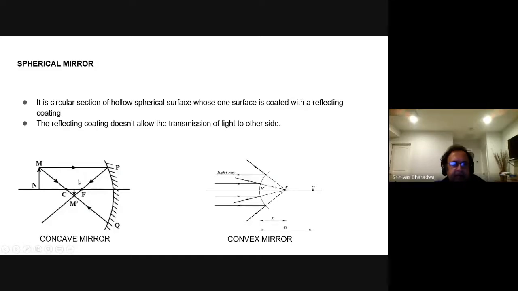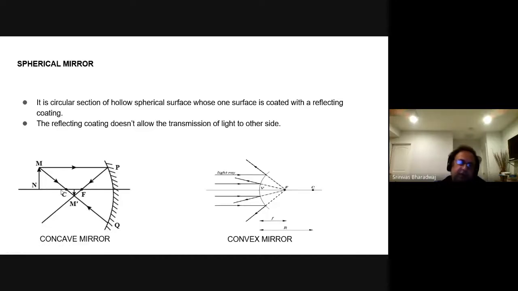So this angle will equal that angle. And for this angle PC, let us call this point O, PCO will equal MPC.